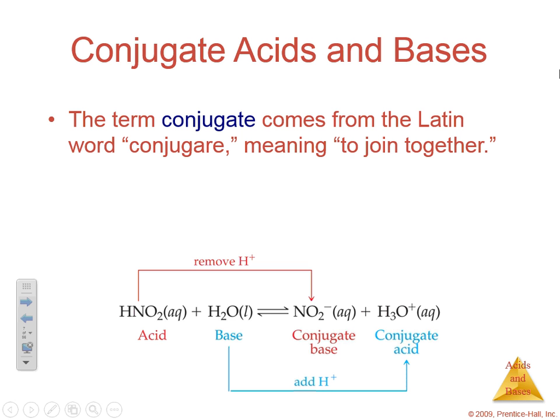It gave away its proton, its hydrogen, and what's left over is NO2-, called the conjugate base. Likewise, water, H2O, is the base. It's receiving a proton, that H, and what is left over is H3O+, which we call the conjugate acid.